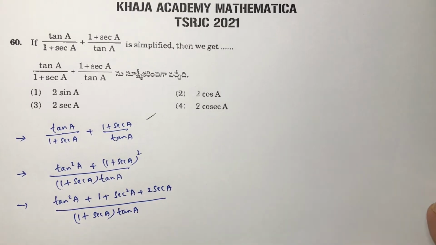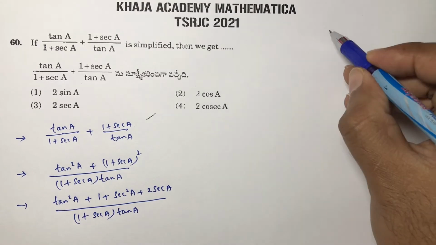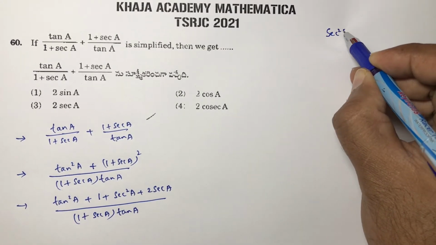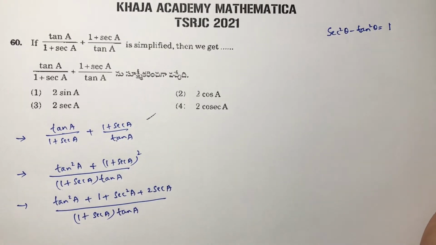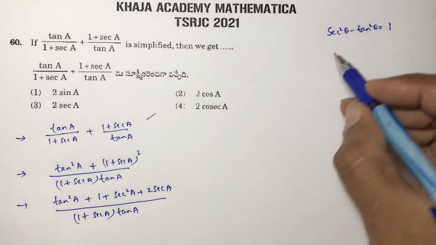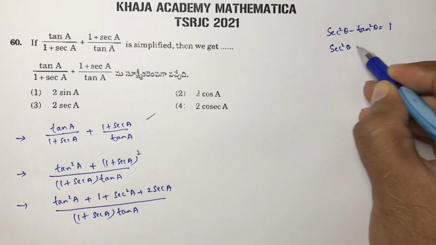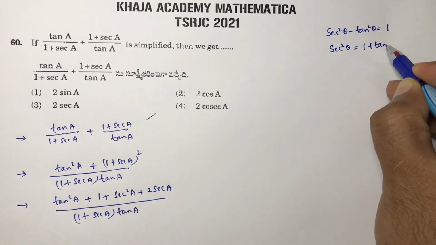Now you know the identities between sec and tan. We have that secant square theta minus tan square theta equals 1. So here tan square theta plus 1, you can write as secant square theta, since 1 plus tan square theta is secant square theta.